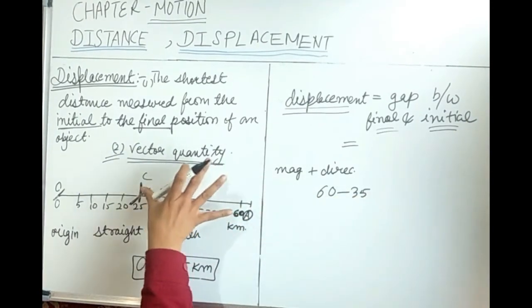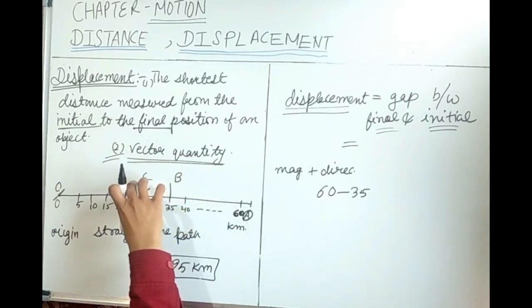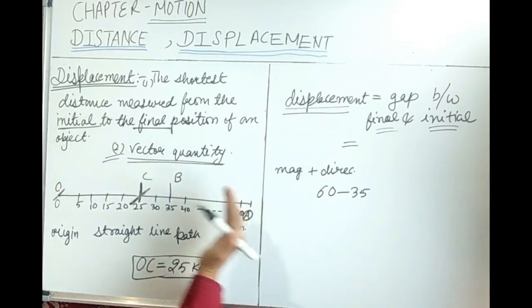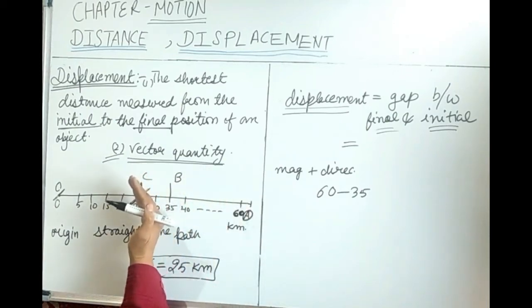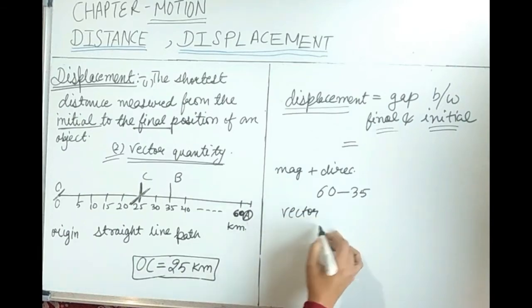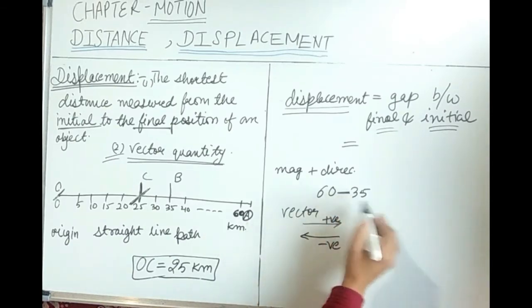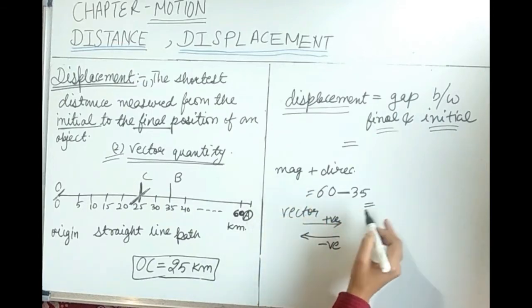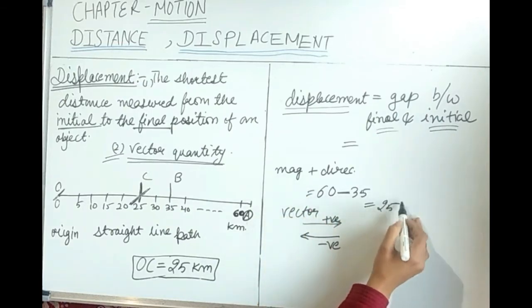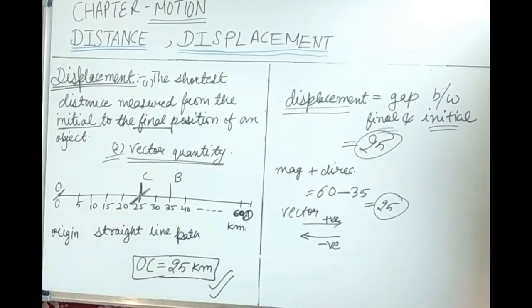We have to subtract this distance from the total path, because now the final position of the object is C, and that has been covered in the opposite direction. In vector quantity, what we say? We take this direction, let's suppose, as positive, and if the object is moving in the opposite direction, that will be there with the negative sign. So you have to subtract both these quantities. 60 minus 35 is 25, and that is the same as displacement here, OC.